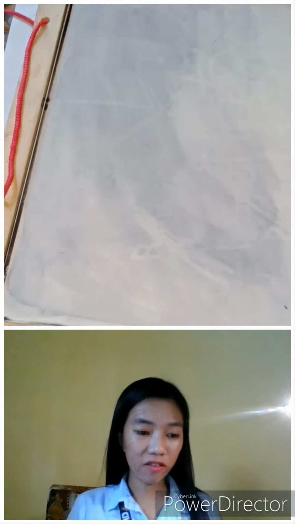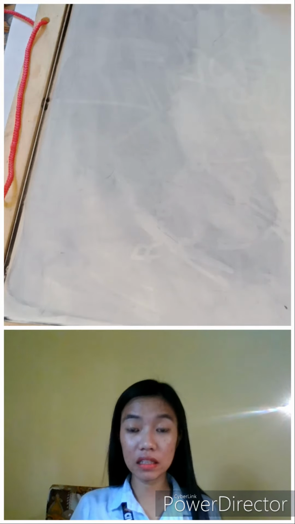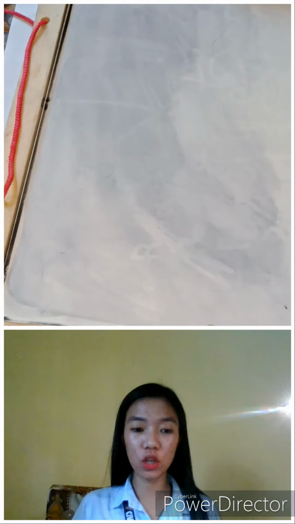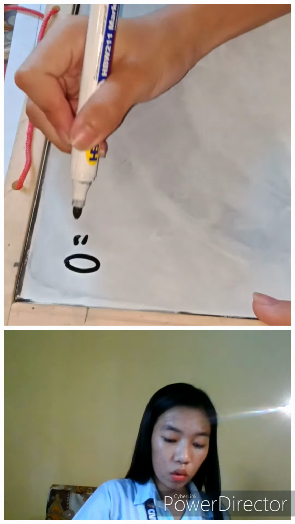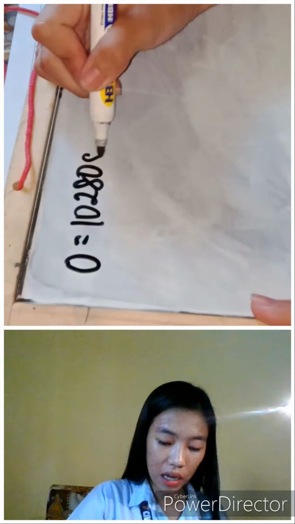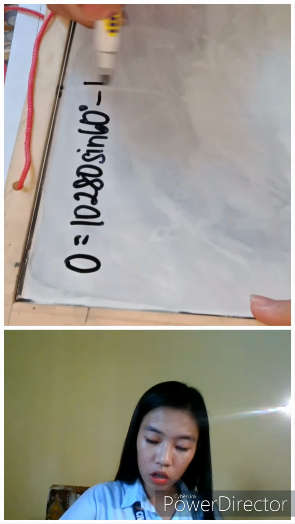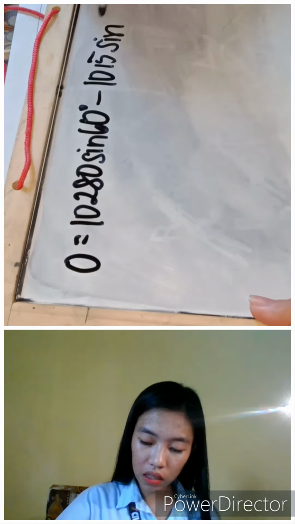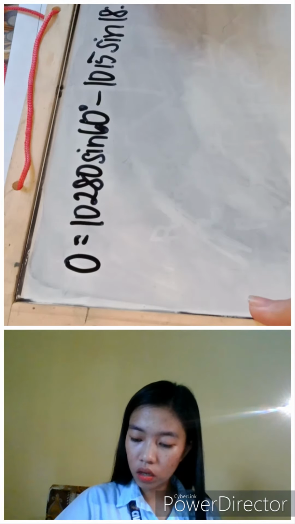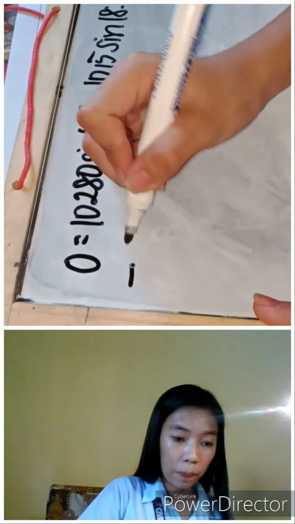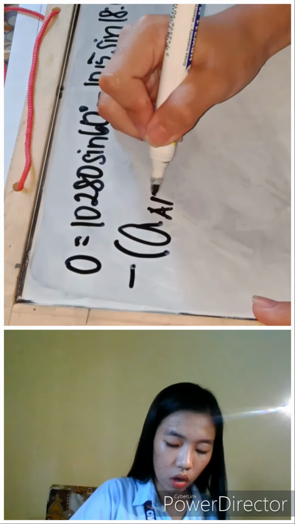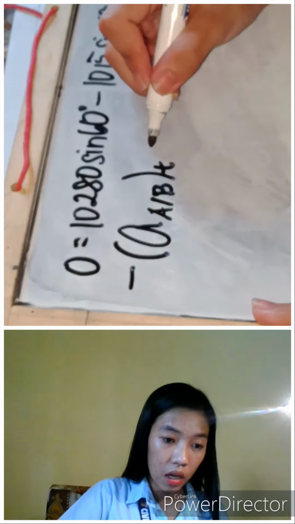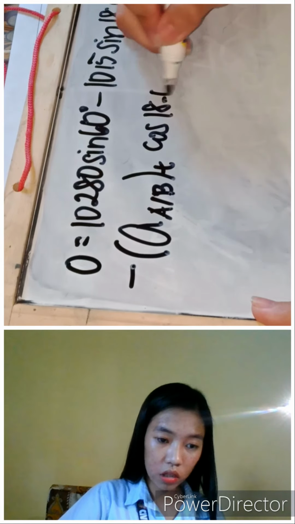We already identified the acceleration for point A, but we have two unknowns. The next one is the tangential relative acceleration for point A to B. So, let's proceed. We have 0 is equal to 10,280 sine 60 degrees minus 1,015 sine 18.02, minus the relative tangential acceleration from A to B that we are looking for, cosine 18.02.